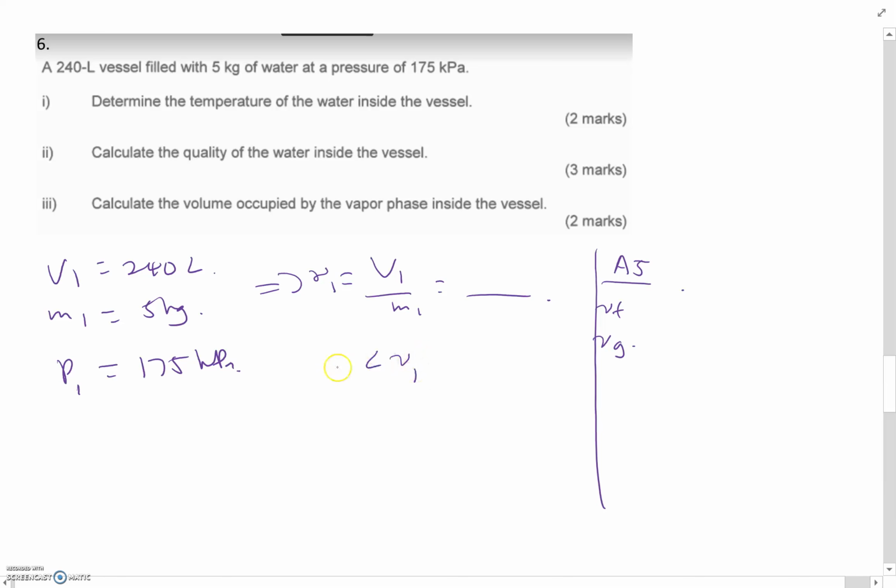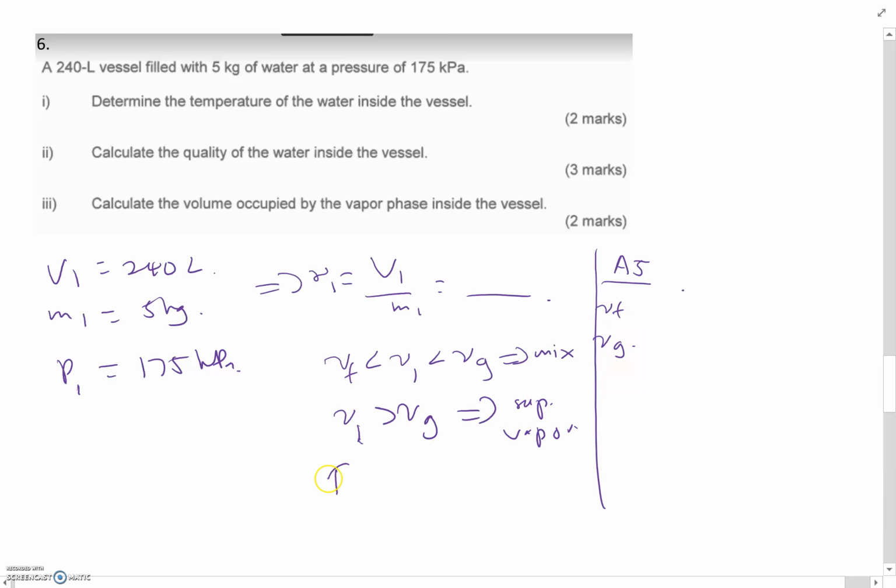the location of your V1. Is it between Vf and Vg? If it's in between, it is a mixture. If V1 is higher than Vg, it is a superheated vapor.